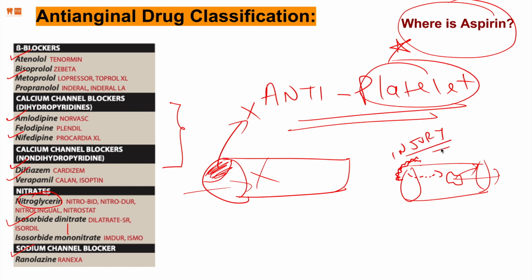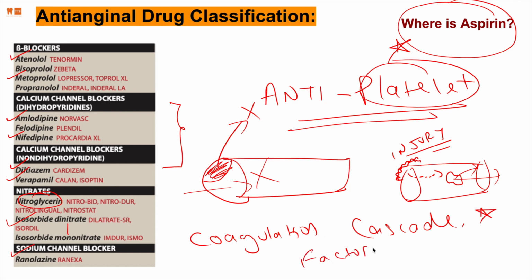What happens during an injury? We have the coagulation cascade. We will talk about this in our next lecture, but it's basically those factors, those intrinsic, extrinsic, those factors get activated, and ultimately platelets are invited to fix this. When platelets fix it, it's like rough work.